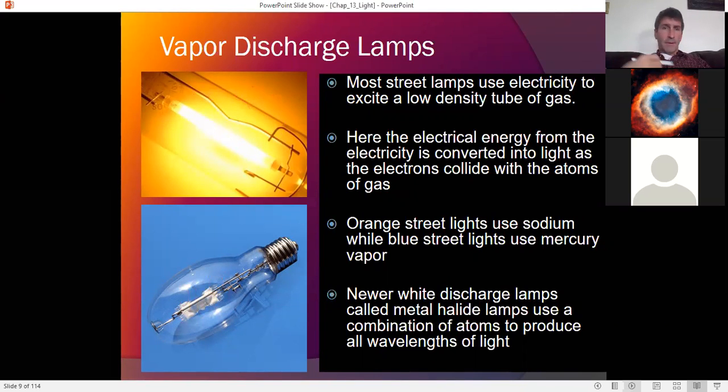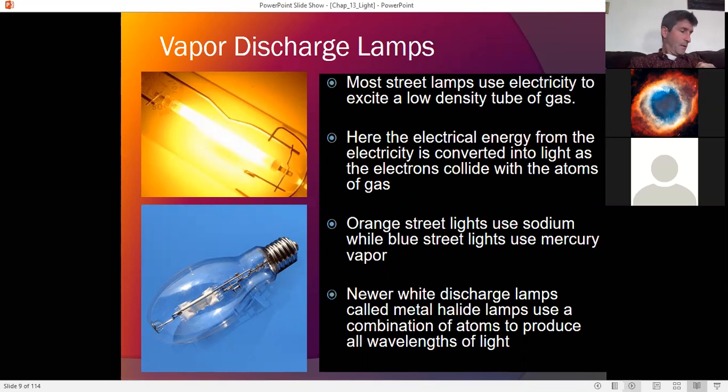So again, emitting light is just a matter of getting the right energy to the right atoms. If you get the right atom, it'll have an energy difference between its lower and upper states. The electrons will be able to jump just the right distance to give off the color that you want.